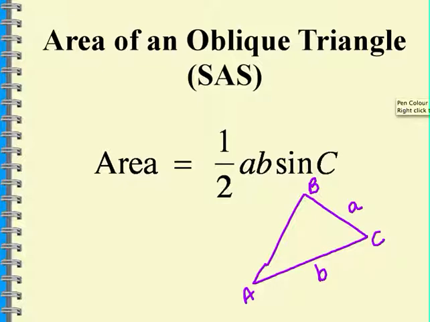In order to find the area of this triangle, I need to know a side, an angle, and a side. That's what A, B, and C are. A is one side, B is another side, C is the angle between them.